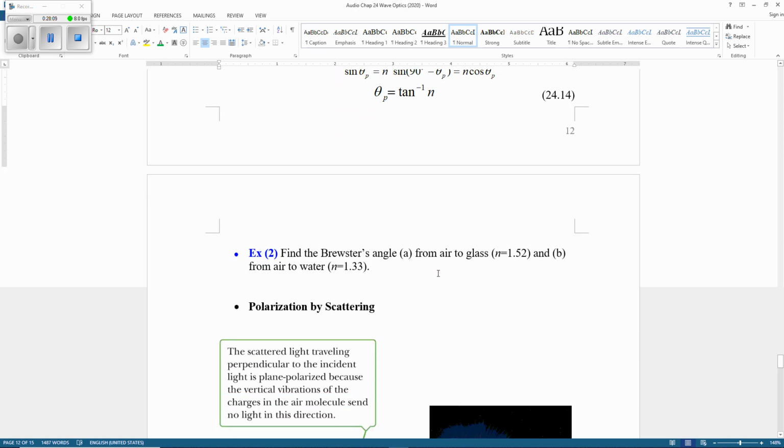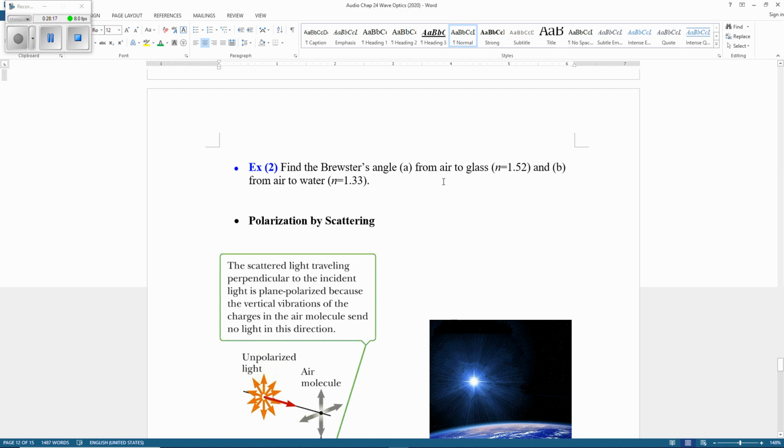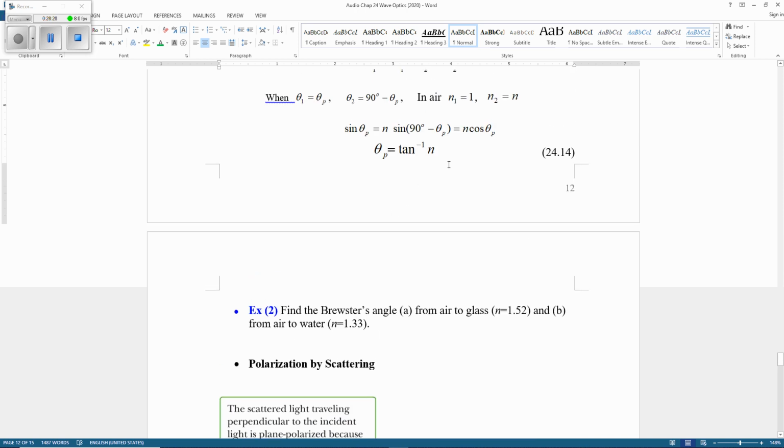Here I'll give you an example. You can calculate it. It's pretty straightforward. The first one, part A, n equals 1.52, and part B, n equals 1.33, and you tell me what the Brewster's angle is.